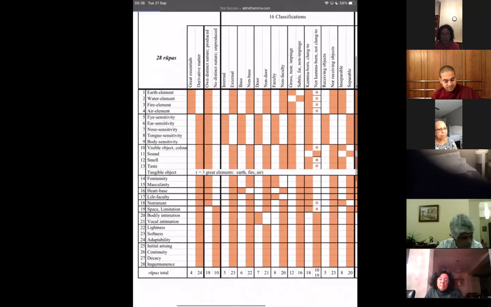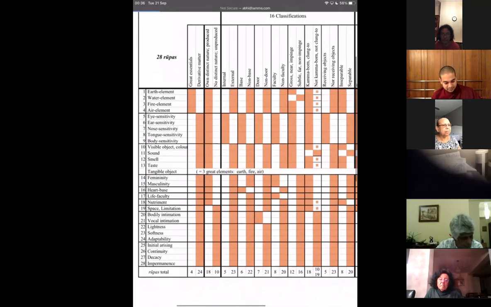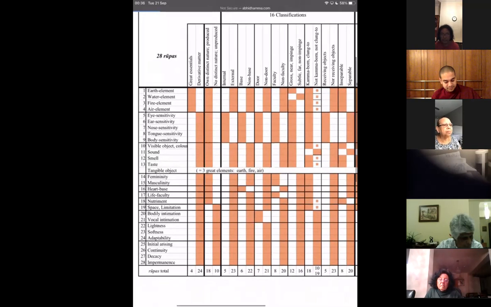So we have upadana only with the sensitivity or the sensitive materials, all right?